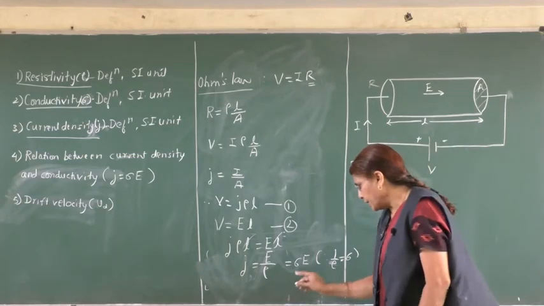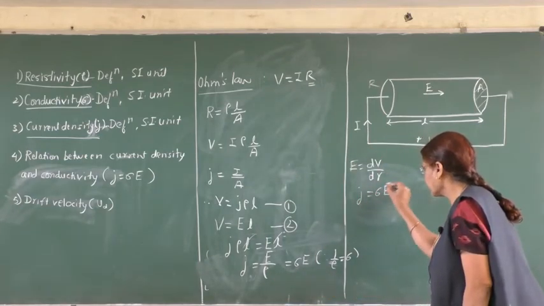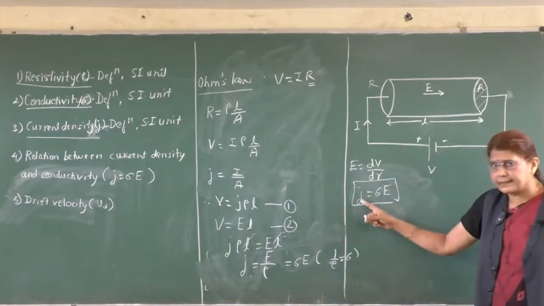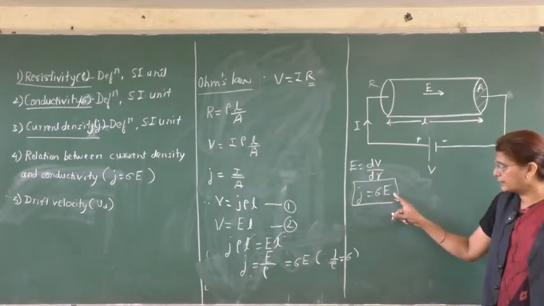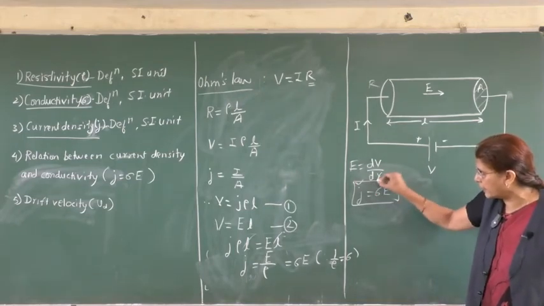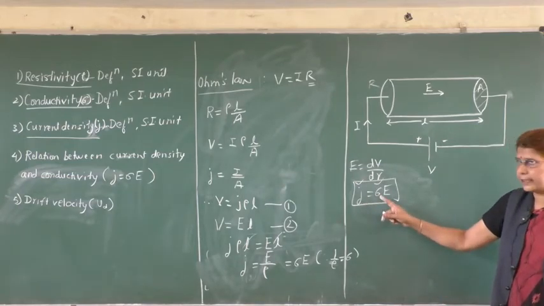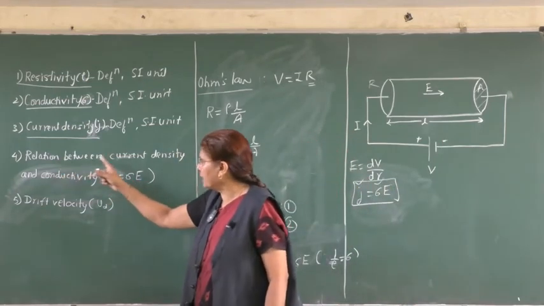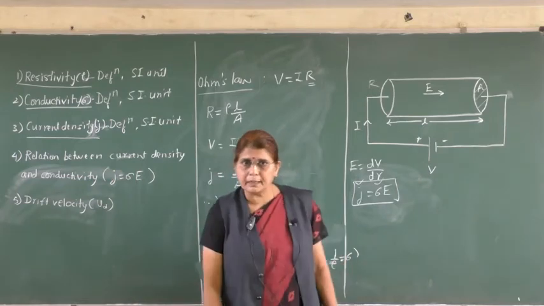So we have a relation J equals sigma E. Once again I will tell you, J is current density, sigma is conductivity, E is electric field. So this is the equation connecting two important physical quantities, current density and conductivity. That is what I have written as the third point, relation between current density and conductivity. J is equal to sigma E.